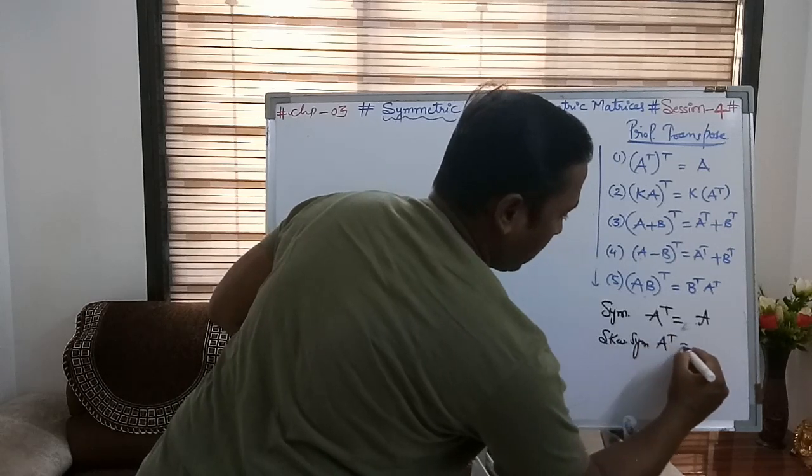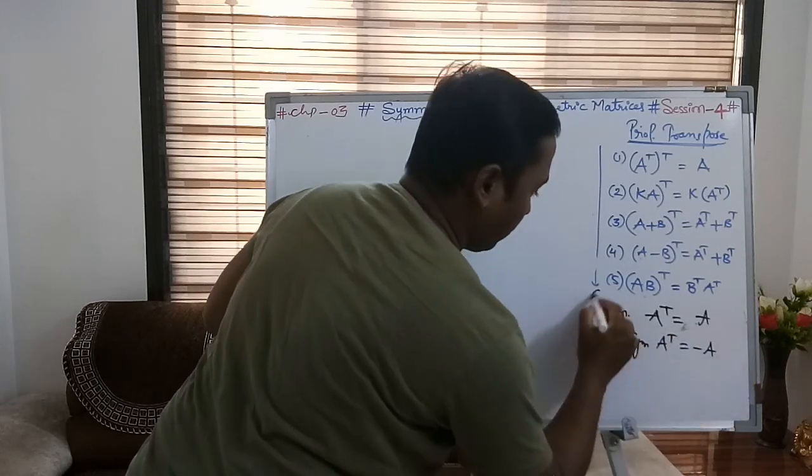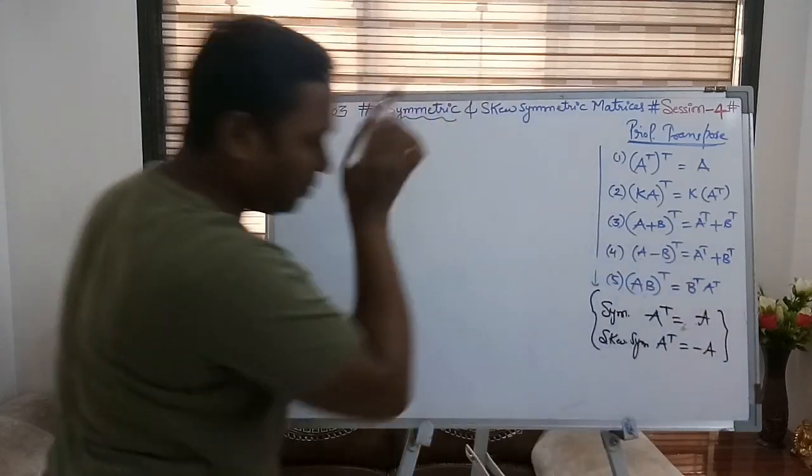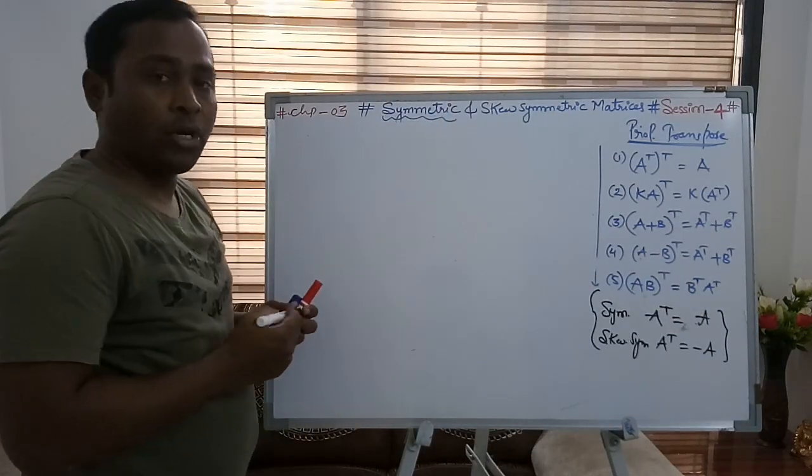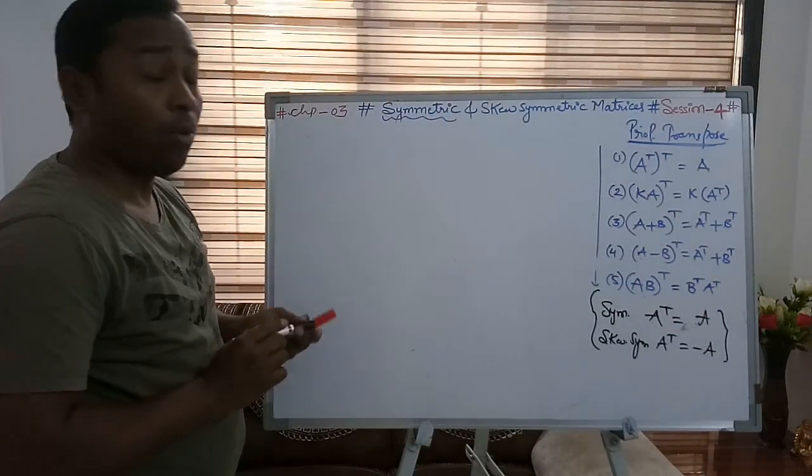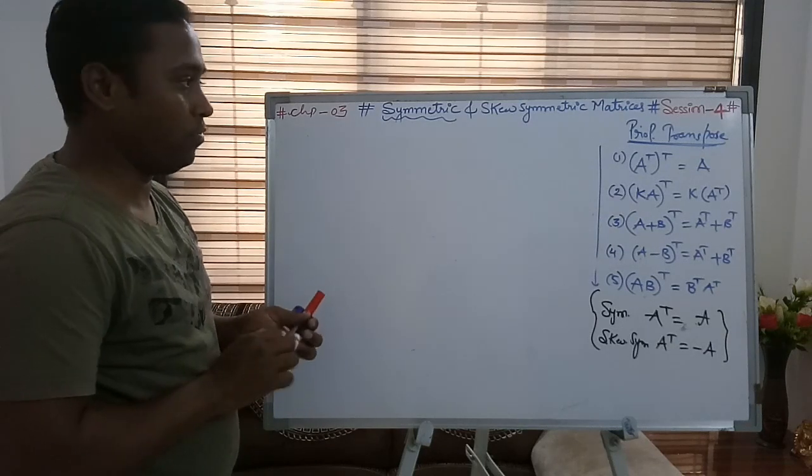Skew symmetric means A transpose is equal to minus A. That's it. Now 7 points are discussed. Now what are the important results which we are going to prove?